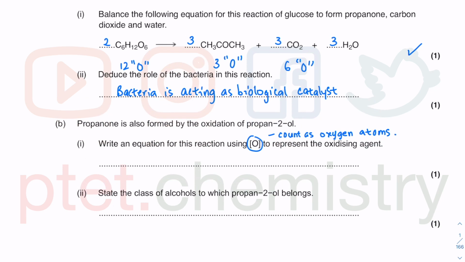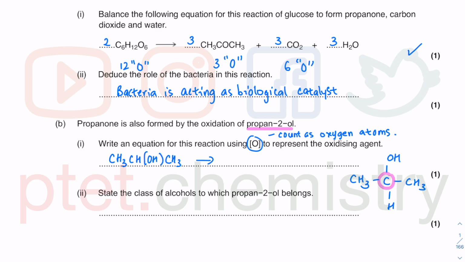So if we are oxidizing propan-2-ol, as you will know from the naming, we have got CH3, C, and then CH3. We have an H, we have an OH there. So I will have CH3CHOHCH3. And this will go to propanone, as this is a secondary alcohol.